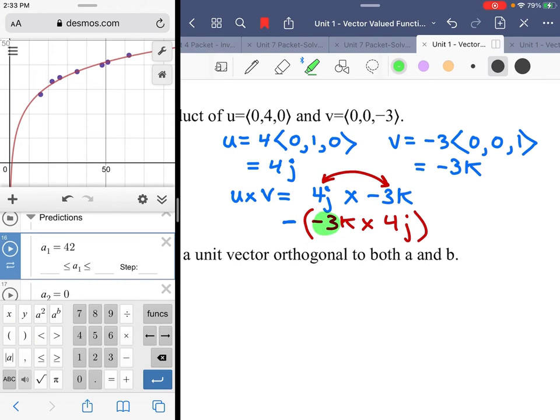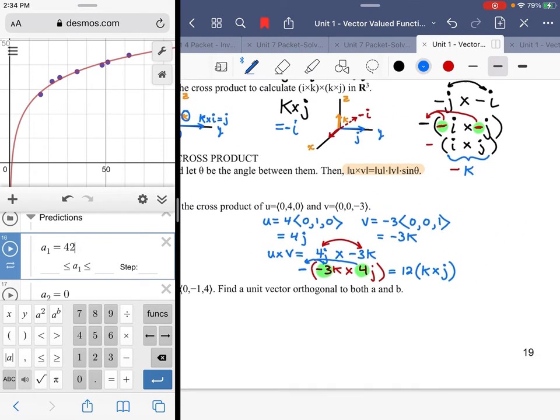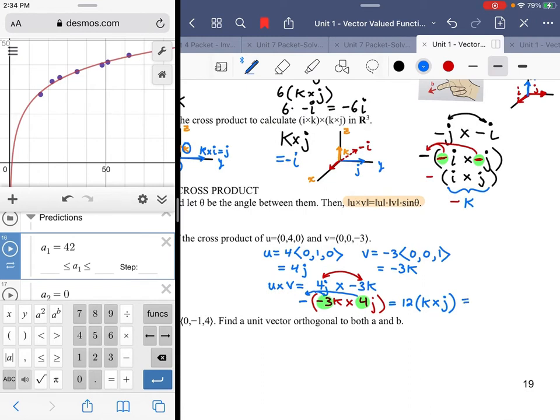And just like we did before, we could factor out the -3 and the +4. So when you pull those out, you're really pulling out a 12. So this is the same as saying 12K cross J, which we discovered directly is -I.